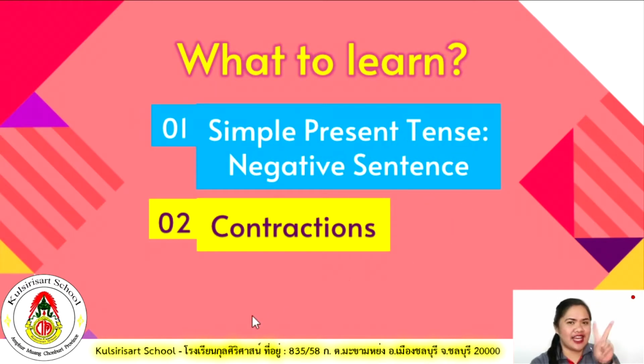And what is the second topic with regards to English grammar that we are going to talk about today? Very good. Can you say it again? Contractions. Again, contractions. Later on, we will know what contractions is all about. So, let's start.